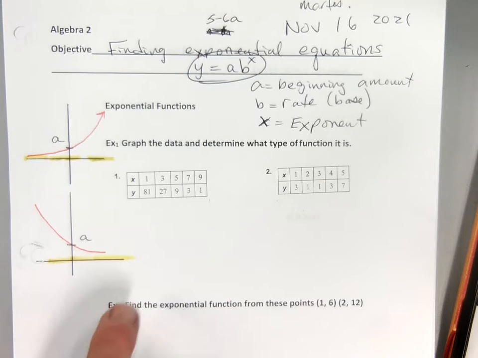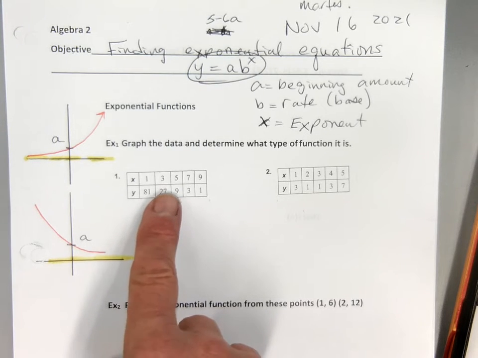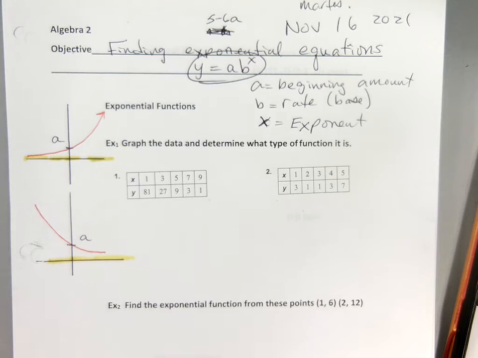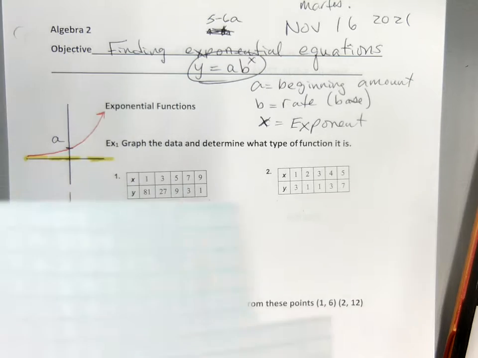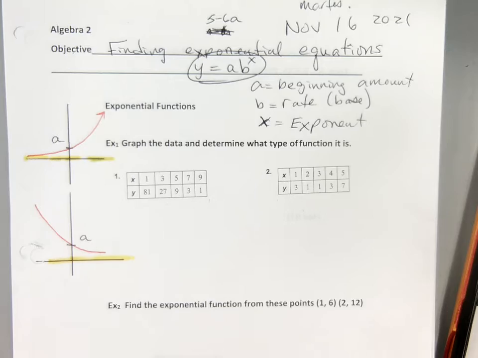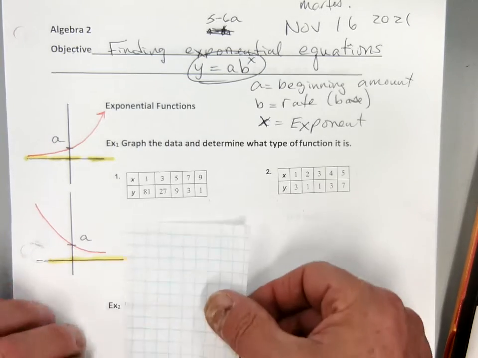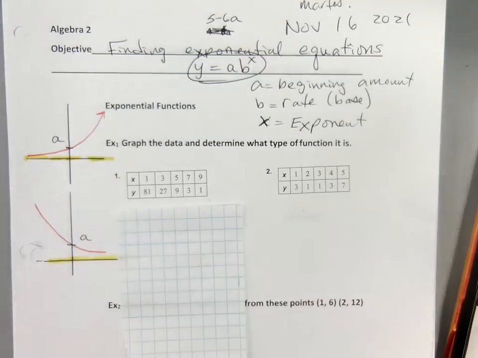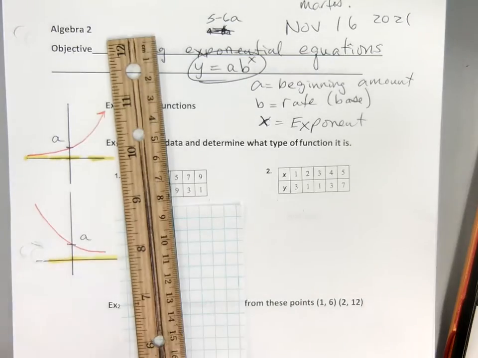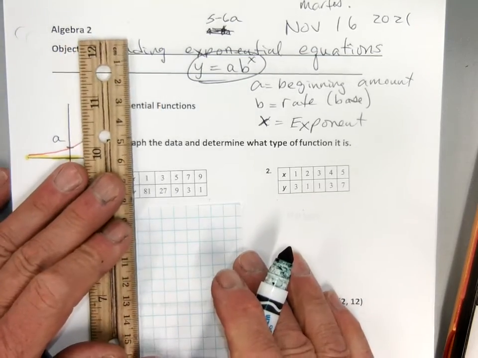So if I look at question 1 and question 2, and I ask myself, are these exponential? Well, one of the things I can do is graph it. If I graph it and it looks like these two, then my guess is it could be exponential. So go ahead and get a graph out here real quick. Graph right there, my XY axis in there.